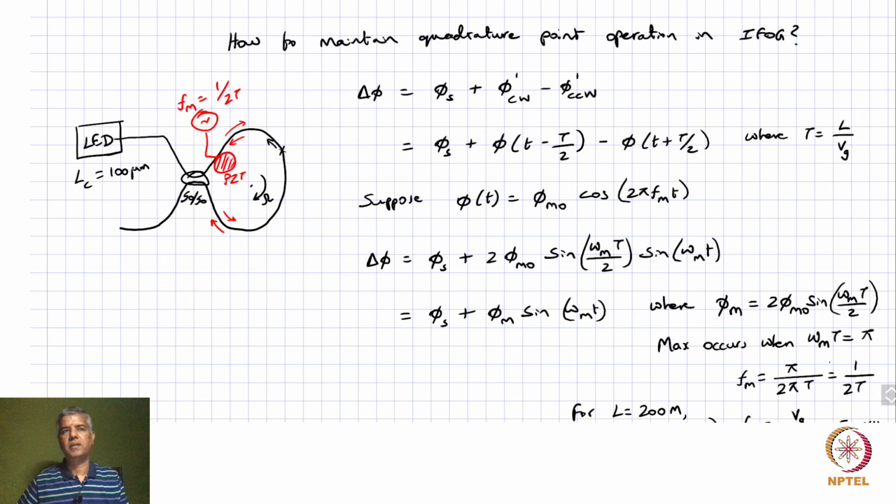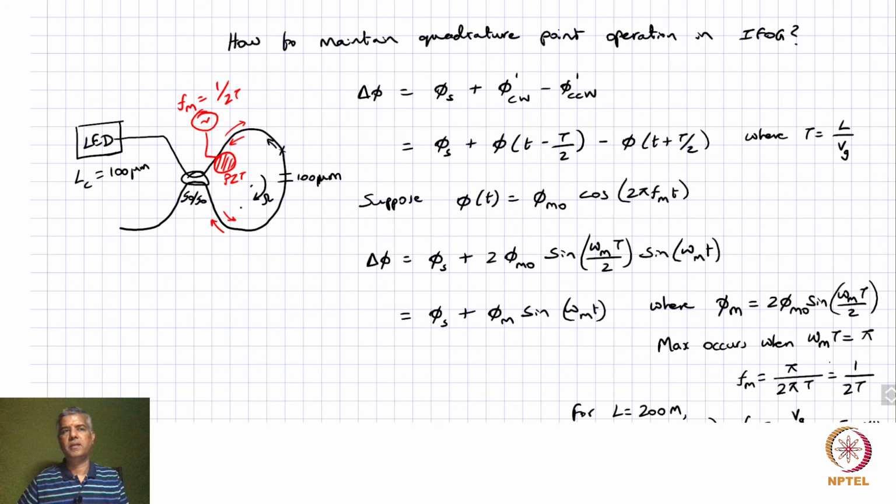Then what we are doing is limiting the amount of backscattering that is actually relevant. What does this mean? If there is a path length difference that is greater than 100 microns, then you do not have any effect of backscattering. In other words, I will get only 100 microns worth of backscattering that actually plays a role in confusing my signals.